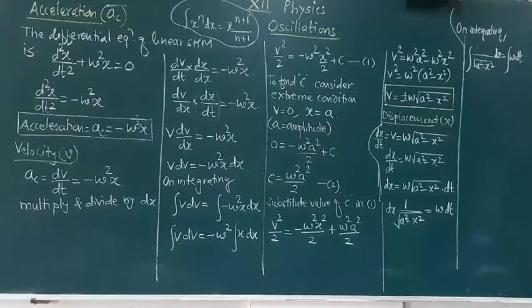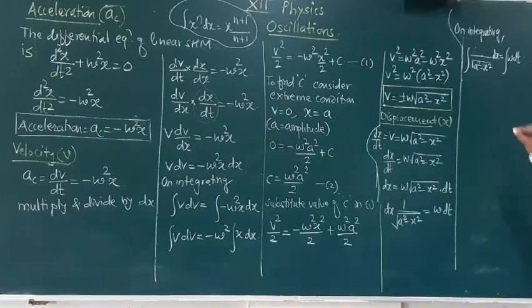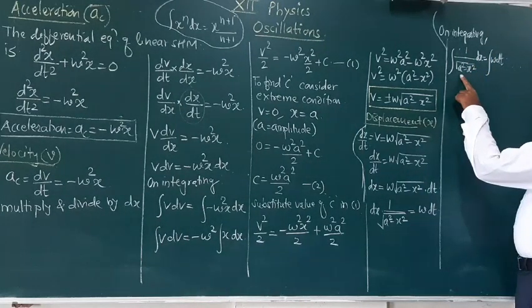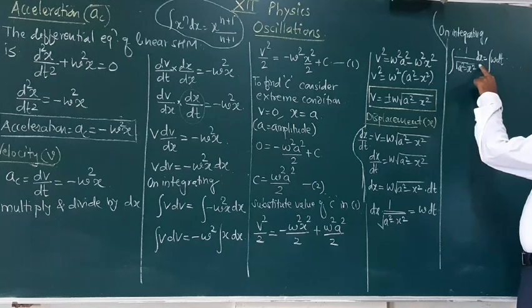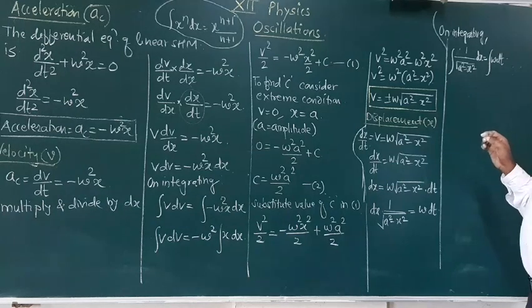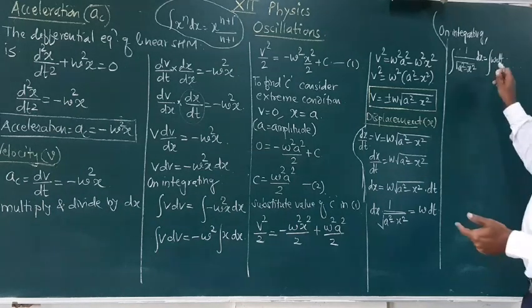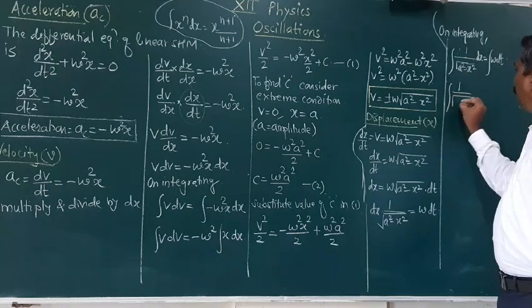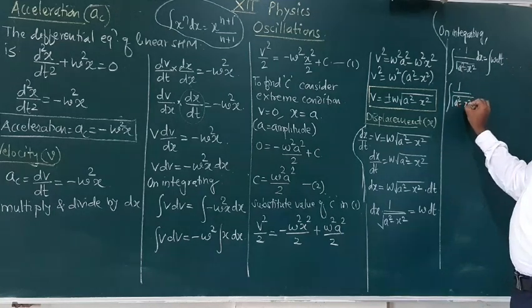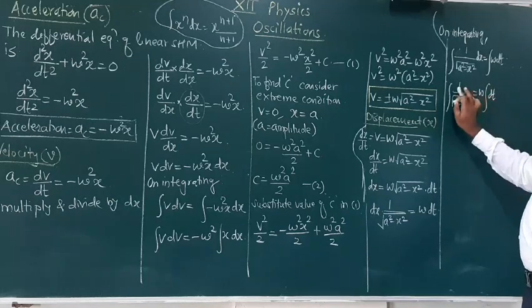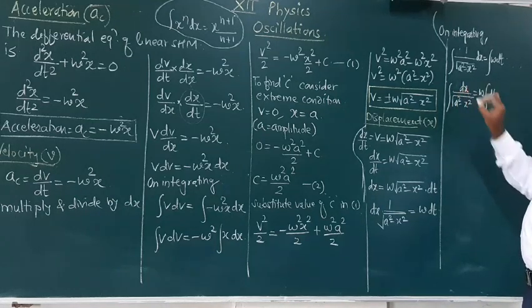Now a is the amplitude, this is a constant. Omega is again root k by m, because omega square is k by m, so omega is a constant. So my term becomes integration of 1 upon root a square minus x square dx equals omega into integration of dt.